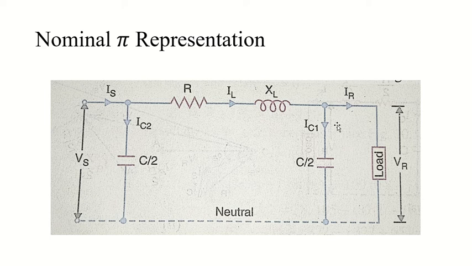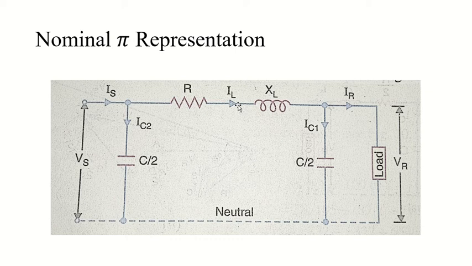It's very obvious that the capacitance at the sending end will have no effect on the line drop, but the charging current must be added to the line current in order to obtain the total sending end current. Because why? Because Kirchhoff said so. Remember KCL here: IS equals IC1 plus IL.